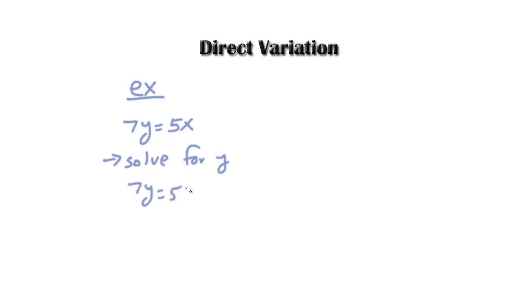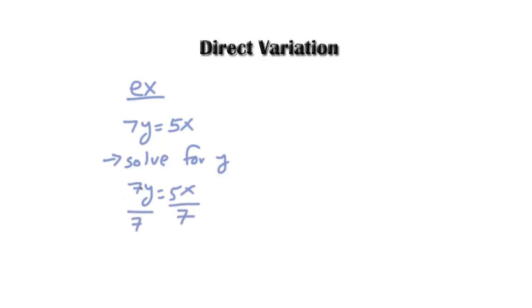Okay, let's say you have this example here. 7y is equal to 5x, and I want to check to see if that is a direct variation equation. To do that, just solve for y. So let me rewrite that one more time. 7y equals 5x. I'm going to divide both sides by 7.